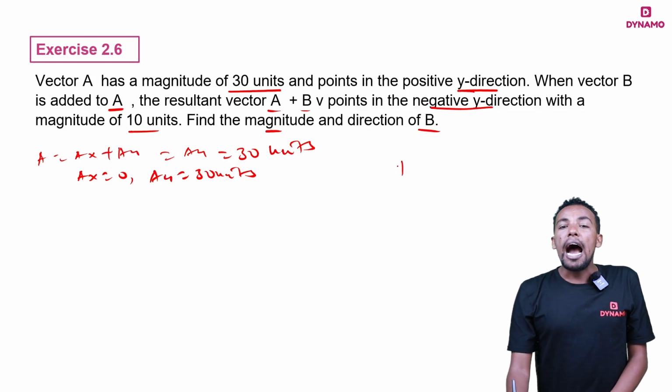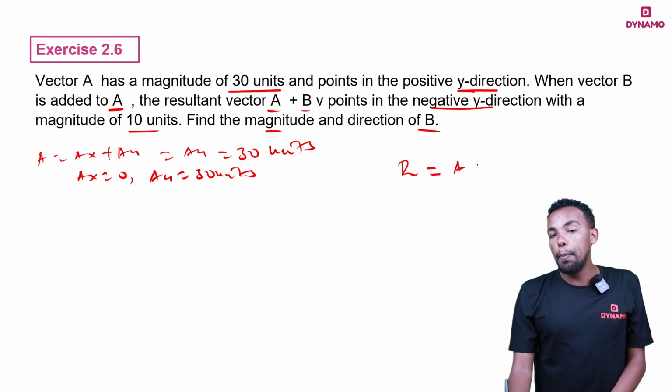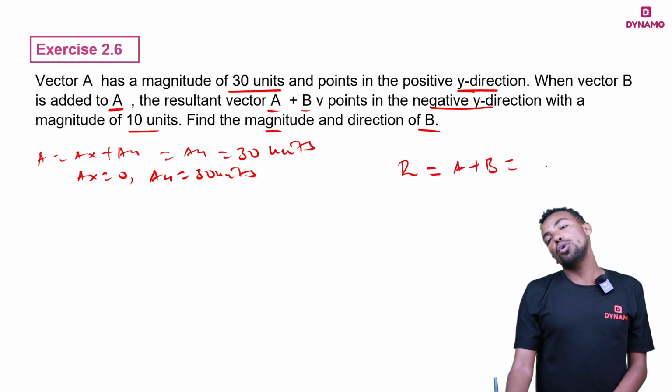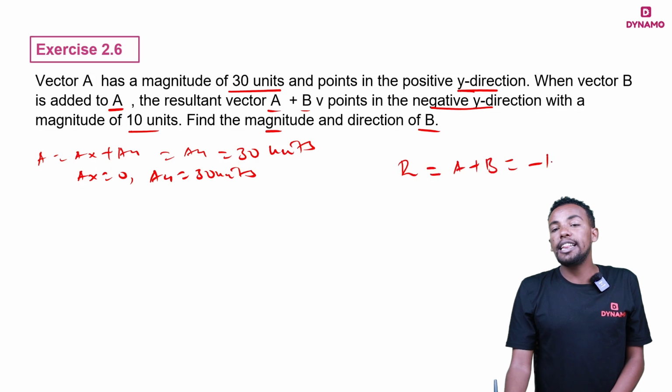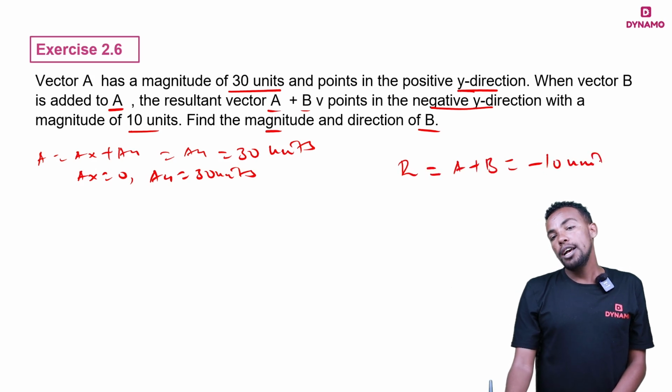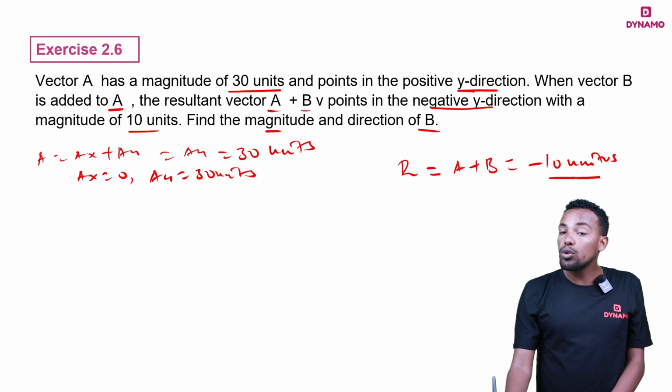So R is equal to A plus B, which is negative 10 units, that is 10 units along the negative y axis. This is what is given.